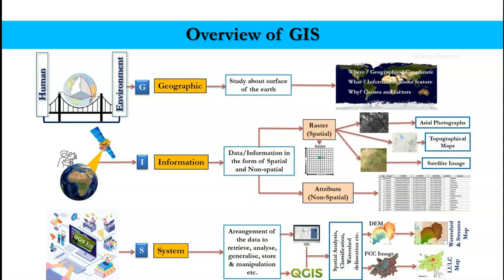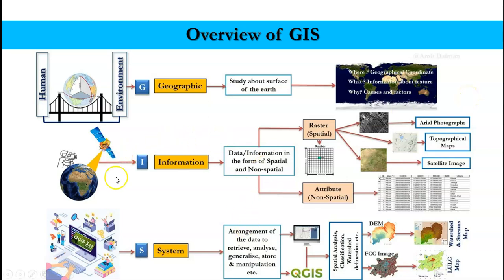Then we can go for address like annotations. Then what? On that coordinate, or maybe on that location, what information is available? Meaning the features on the earth surface. Why? Why are those features there? Why are they developing? These kinds of things we are finding in geography.